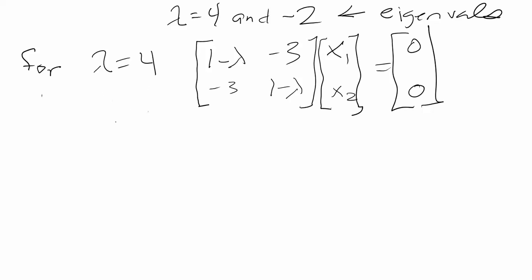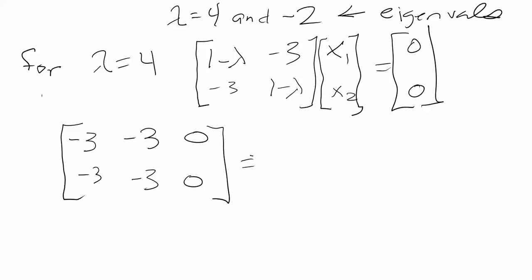And we plug in the value of lambda equals 4 and solve for the x1 and x2 that are going to make this work. So that means we're going to get an augmented matrix of 1 minus 4, minus 3, 0, minus 3, 1 minus 4, minus 3, 0. We're going to have a solution in no time.